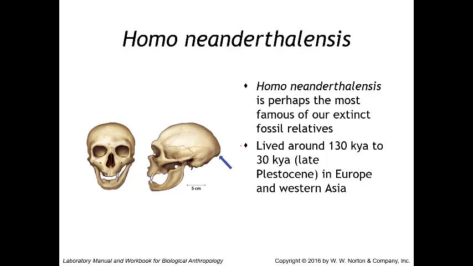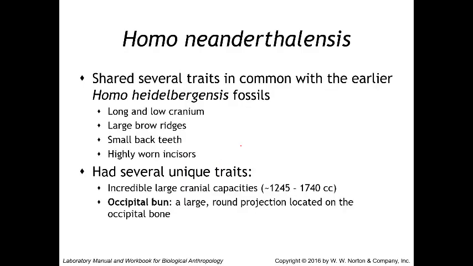Homo neanderthalensis shared several traits in common with the earlier Homo heidelbergensis fossils. These traits are the long and low cranium, the large brow ridges, the small back teeth, and the highly worn incisors. However, Homo neanderthalensis had several unique traits.